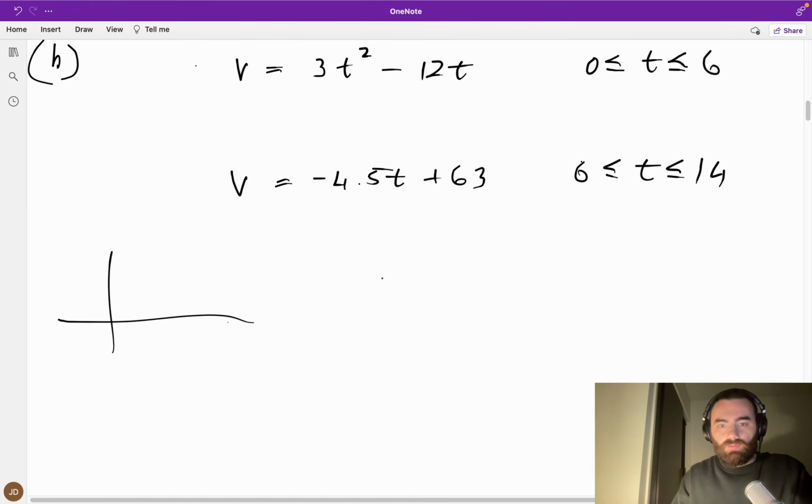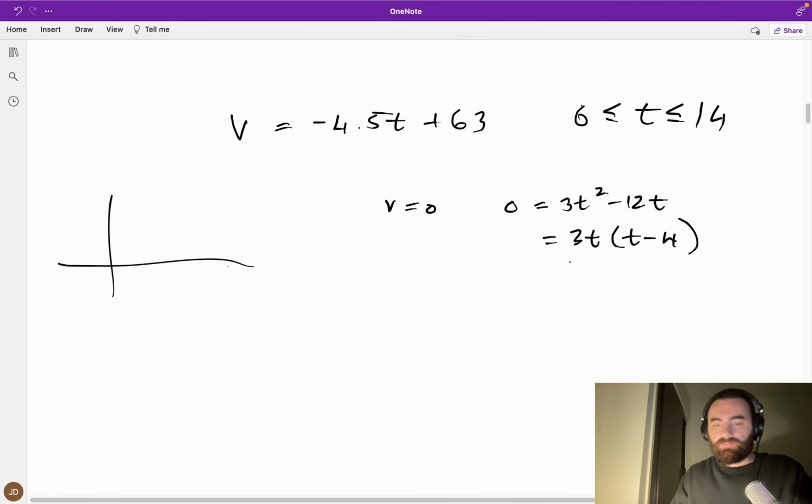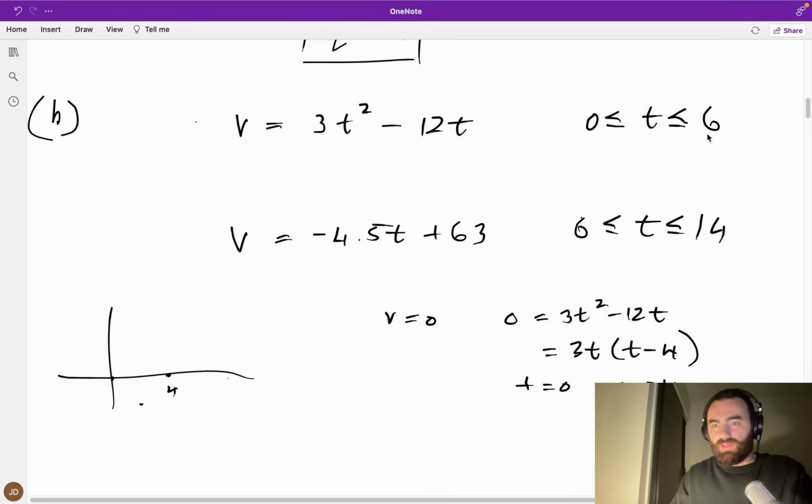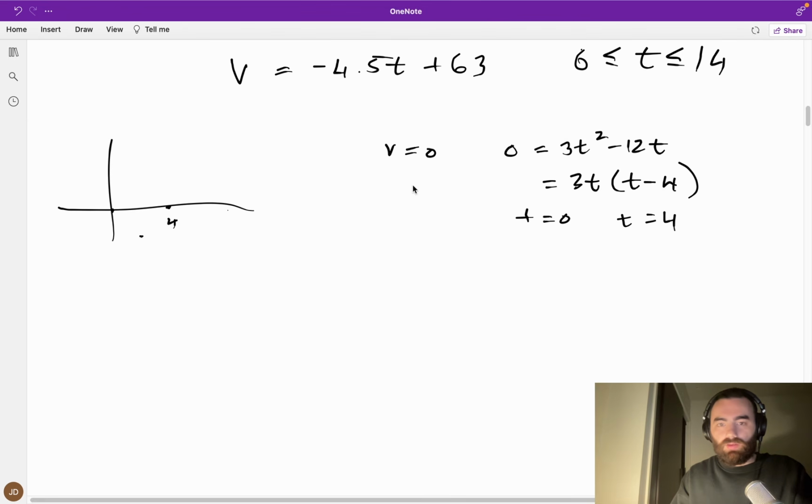Factor out 3t gives us t minus 4. So v equals 0 when t equals 0 and t equals 4. So this parabola passes through the points 0 and 4. Let's also find this bottom point here and also this top point here, so we get a good idea.